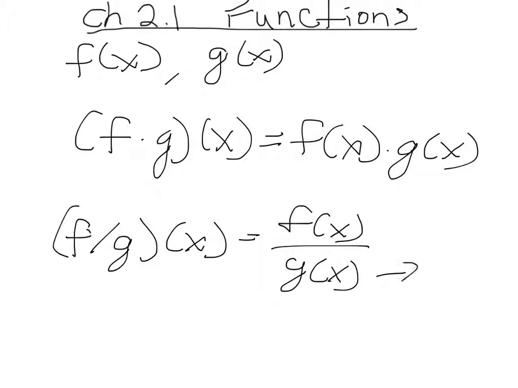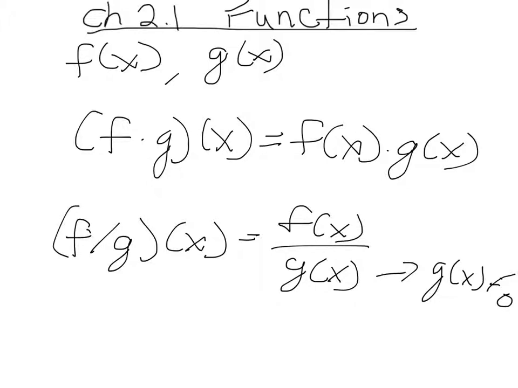However, the catch to this one is that there is a domain restriction: g of x cannot equal 0, because then you can't have the denominator equal to 0. And for all of these, the domain is both the functions together.